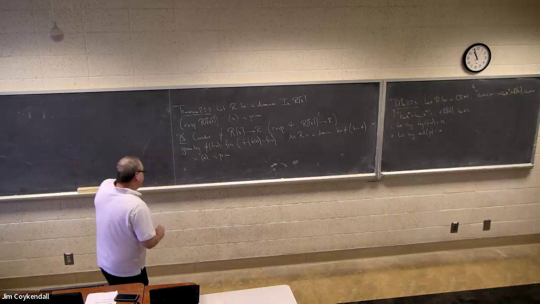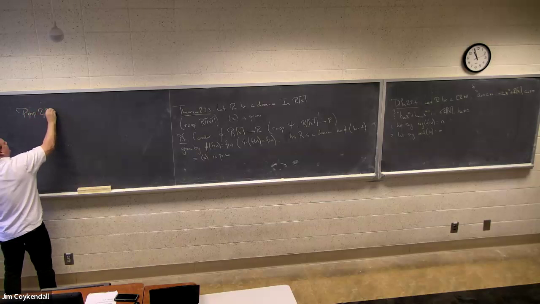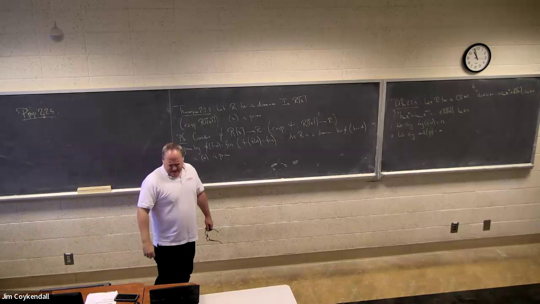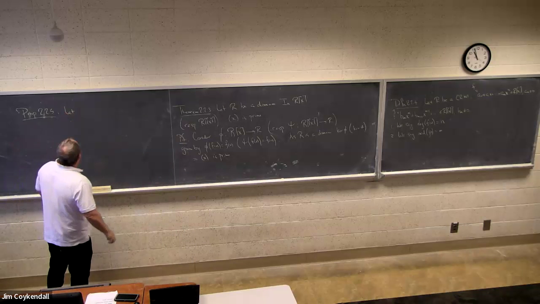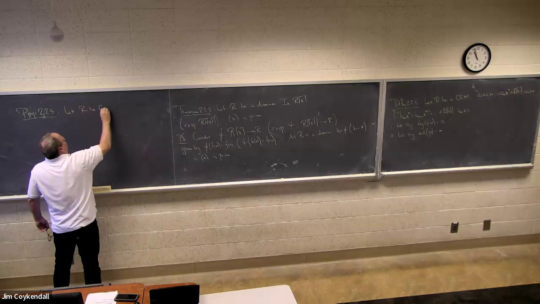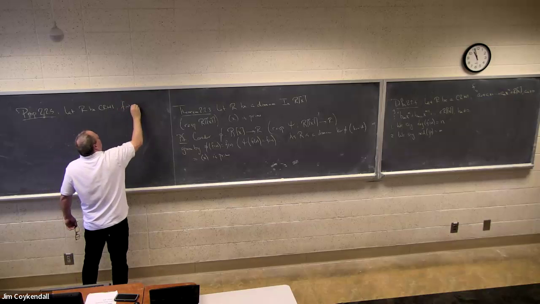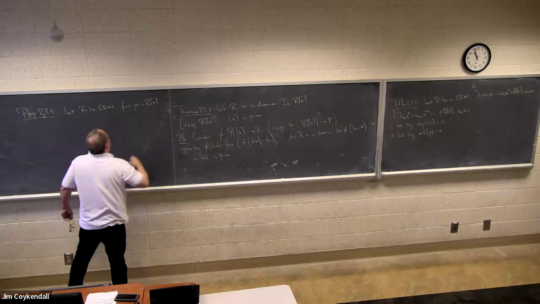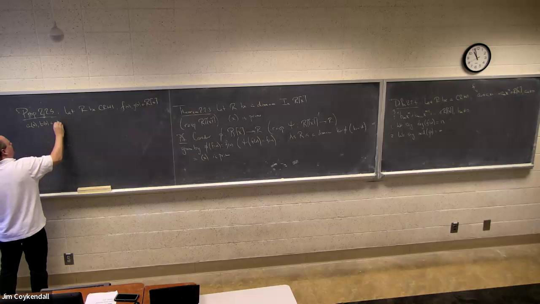So, proposition. Let R be a commutative ring with 1. Let f of x and g of x be in R[x]. Let a of x and b of x be in R power series in x.